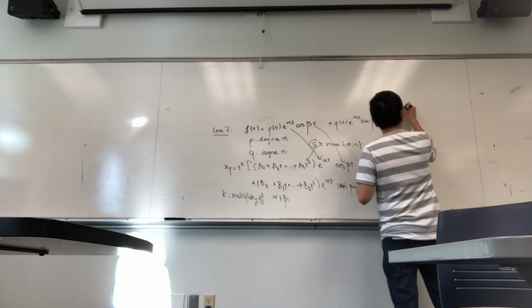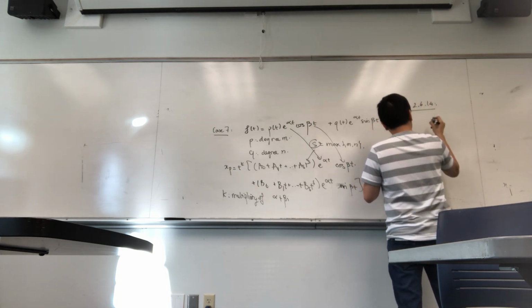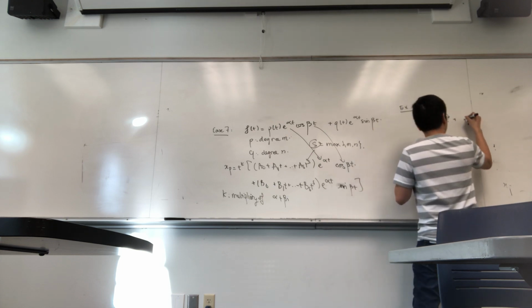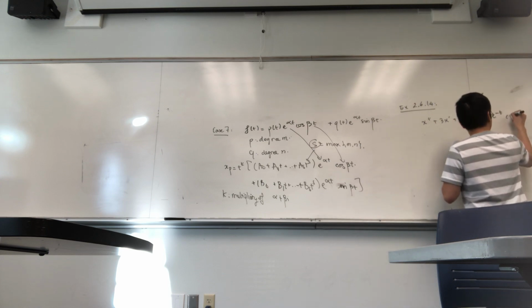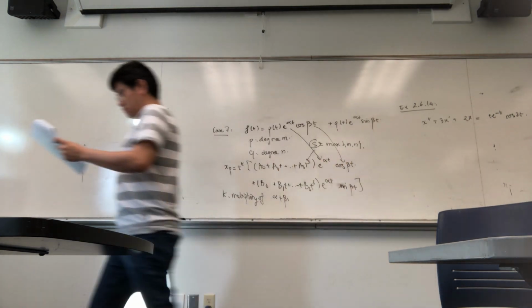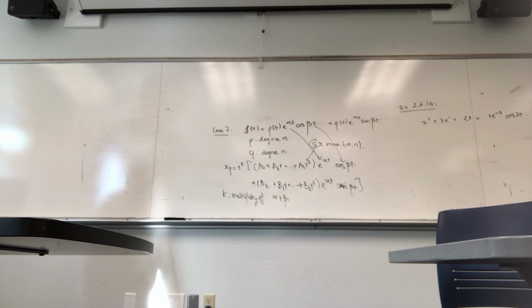This is example 2.6.14. You have x'' plus 3x' plus 2x equal to t e^(-t) cosine of 2t. Right, so what is the form of x_p in this case?